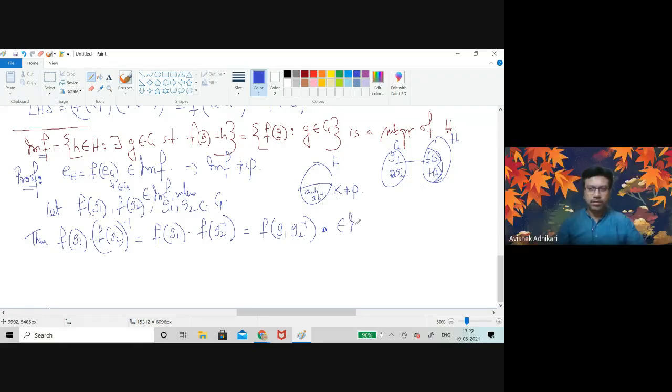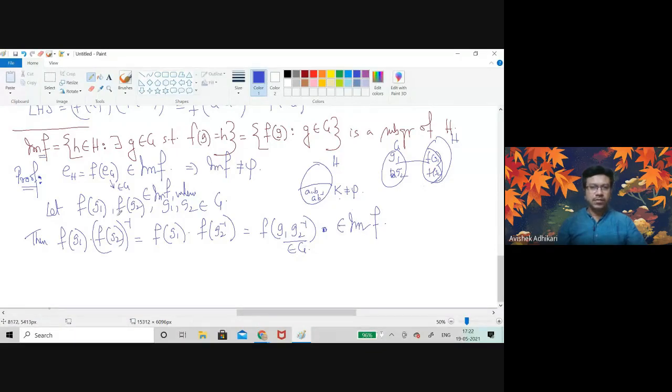Very good, that this belongs to the image of f, because this belongs to G. Clear? So this belongs to the image of f.